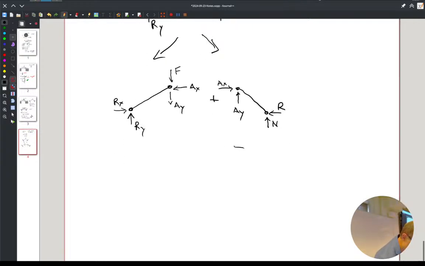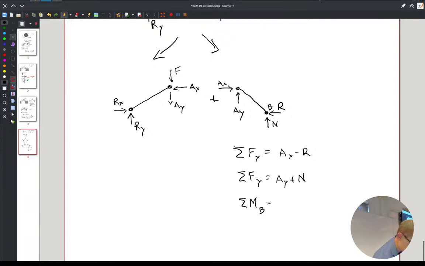Yeah. So then we have a new equation, like sum of the forces of X is AX minus R. Sum of the forces Y is AY plus N. And then sum of the moments about, here I'll use point B, over here.